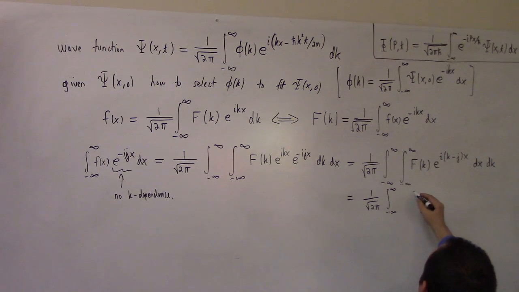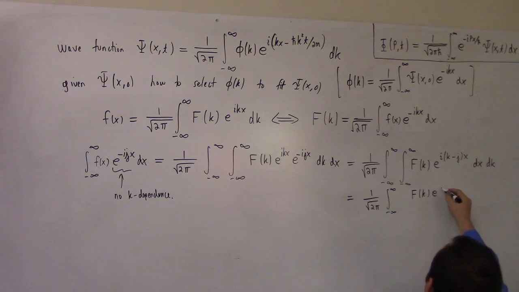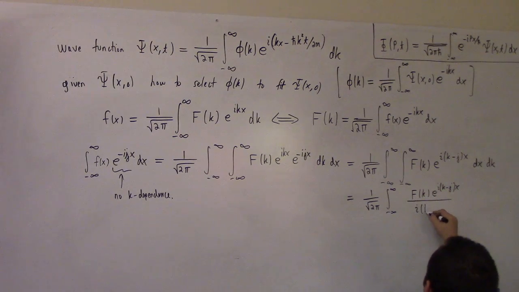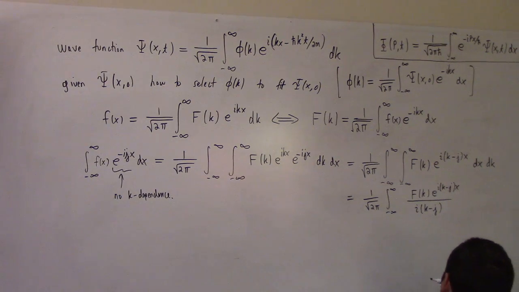But it looks like we got f of k, e to the i times k minus j, x, divided by i times k minus j. Am I right? Yes. Okay, sure, I must be right. I agree. You agree? Very good, dk.